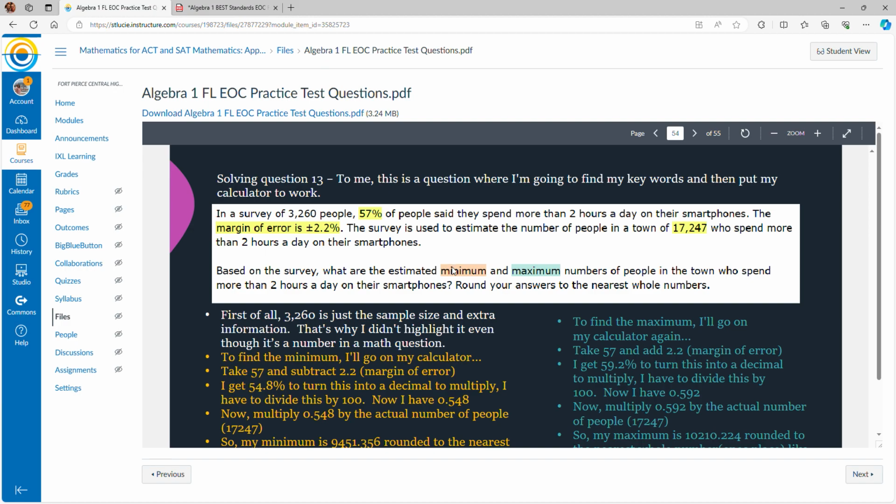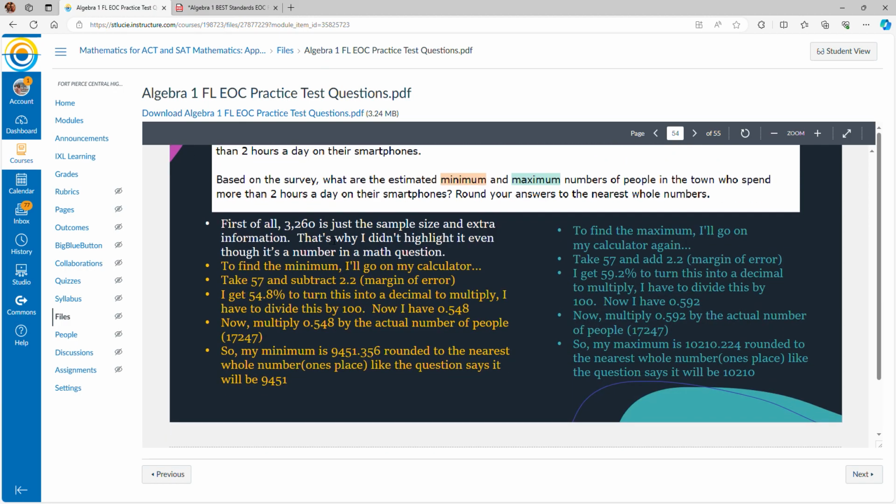So to find my minimum, I take my 57% and subtract 2.2%. To find my maximum, I take my 57% and add 2.2%, and that's what I did. So to find the minimum, I go on the calculator, 57 minus 2.2, and then I get 54.8%, and then I turn it into a decimal by dividing by 100.